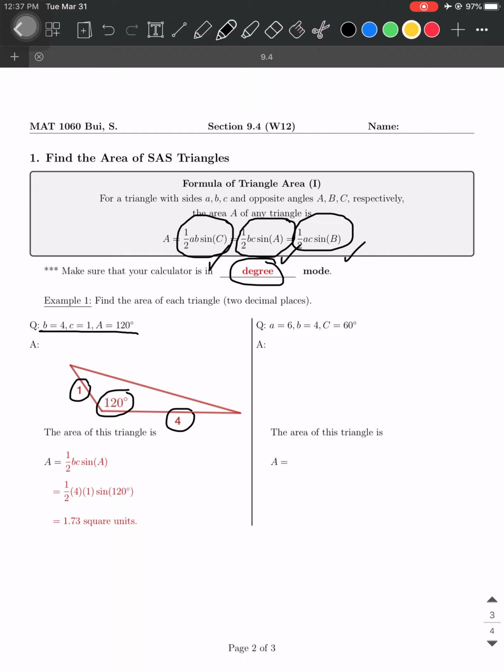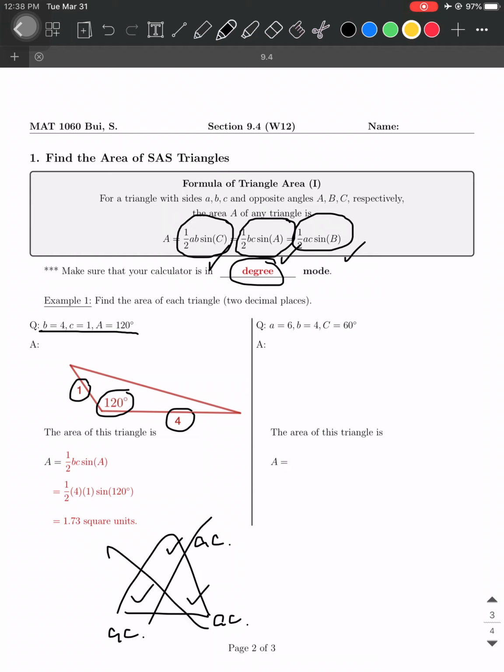Don't just give me something like this. This is not acceptable. Why? Because none of the angles in here, or here, are 120, right? If you look at them, this one is acute, this one is also acute, and this one is also acute. What I mean by acute is that they are all less than 90, right? None of them could be 120.